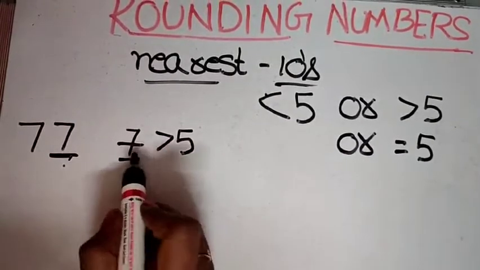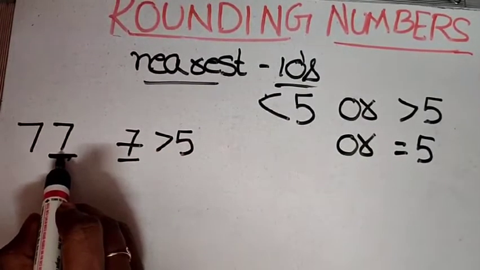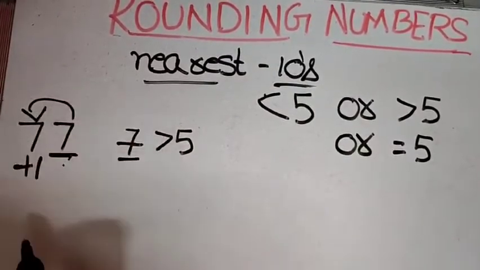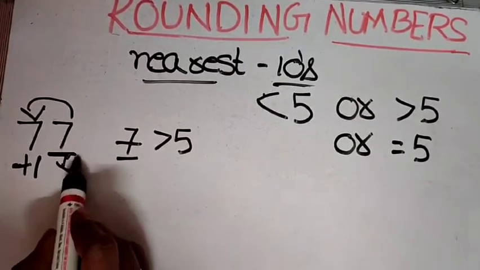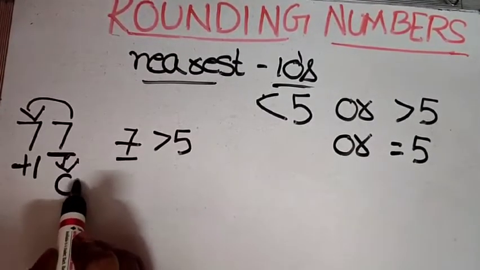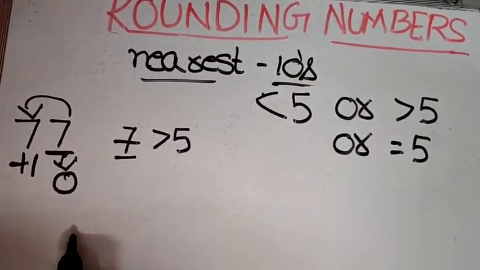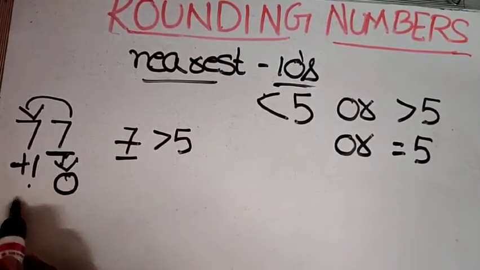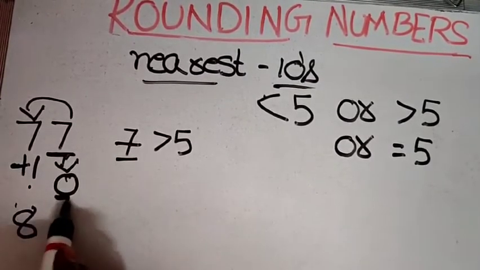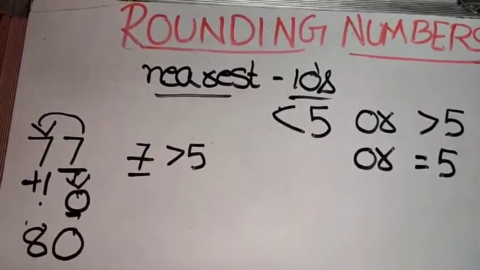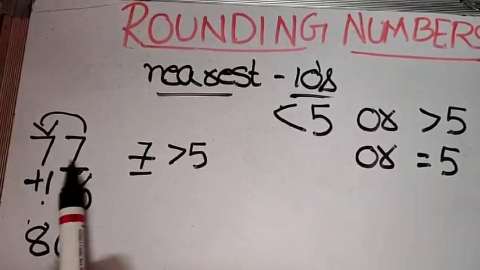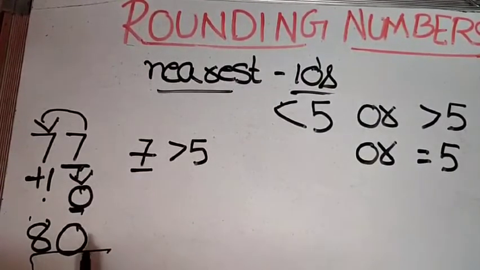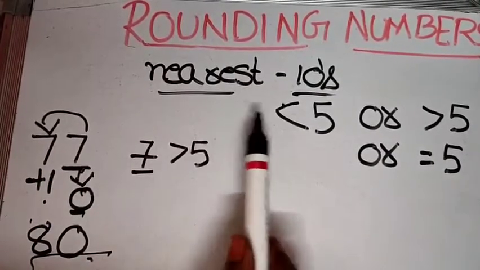So if a digit is greater than 5, you have to add plus 1 to the next digit, and the ones place digit will become 0. If you add 7 plus 1, it gives 8, and this 0 gets down. So what is the 77 rounding number to nearest tens? 80 is our rounding number of 77 to nearest tens.